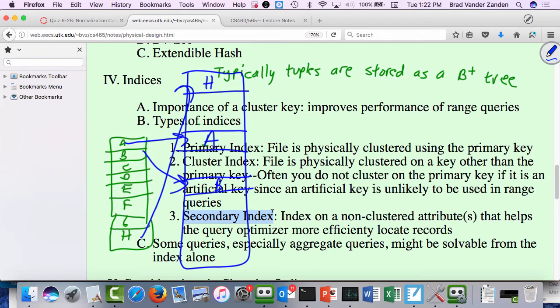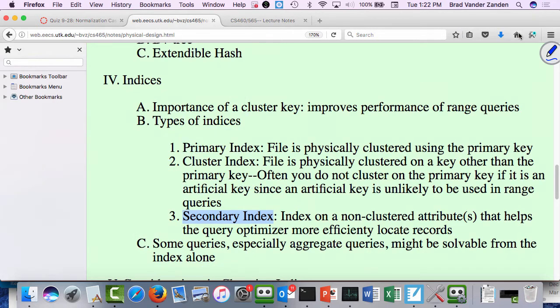So a secondary index, because it's not using a range, is typically going to be an extendable hash table. Typically the cluster index is going to be a B+ tree, and the secondary index is typically going to be an extendable hash table, because secondary indices are not physically organizing the file.